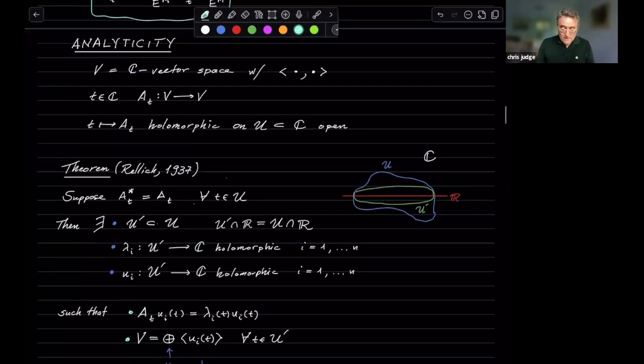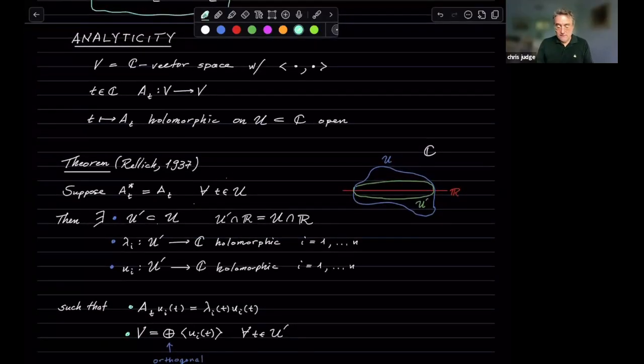Okay, so the setup is, let's take V to be a complex vector space. Let's assume it's finite dimensional. And I'm going to look at a Hermitian inner product, so we put the conjugate sign on the second variable.